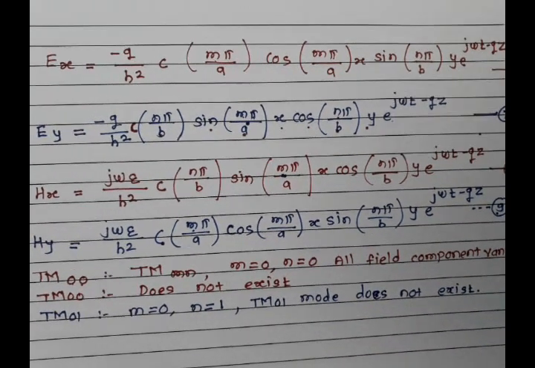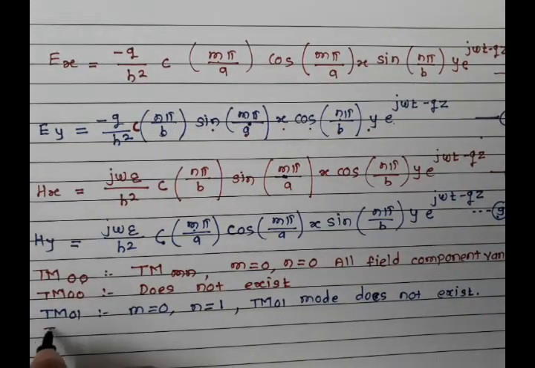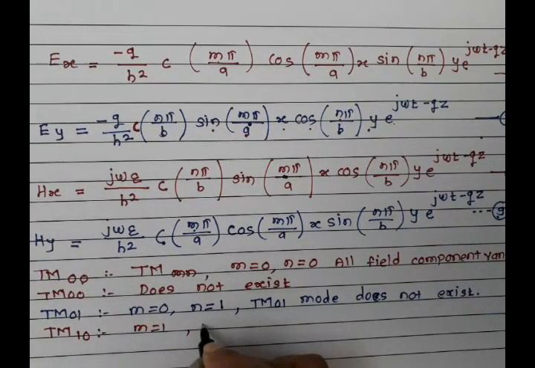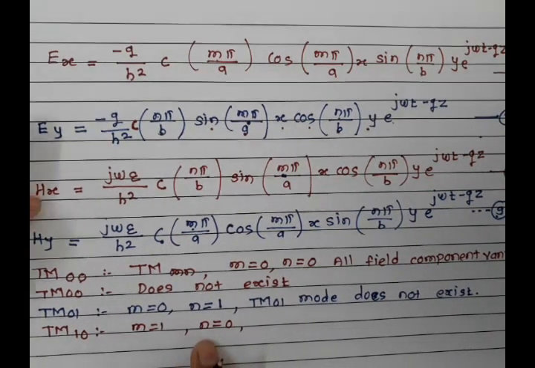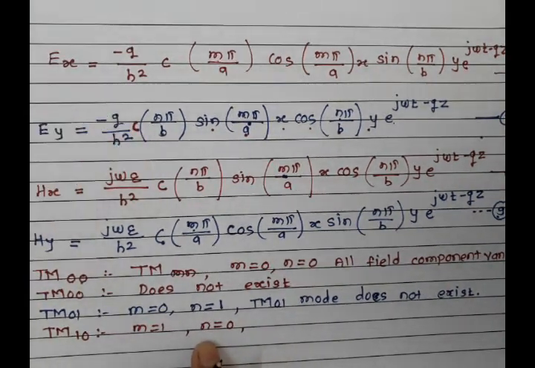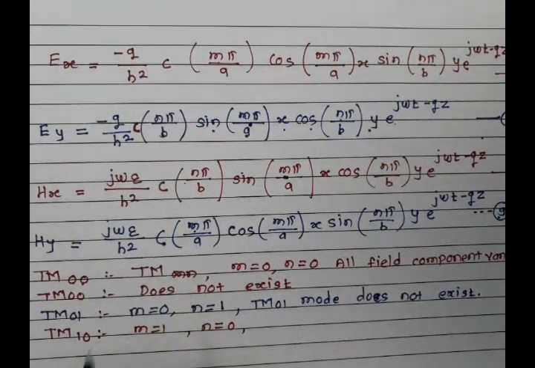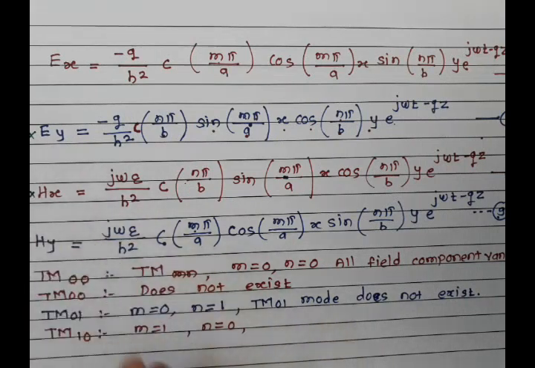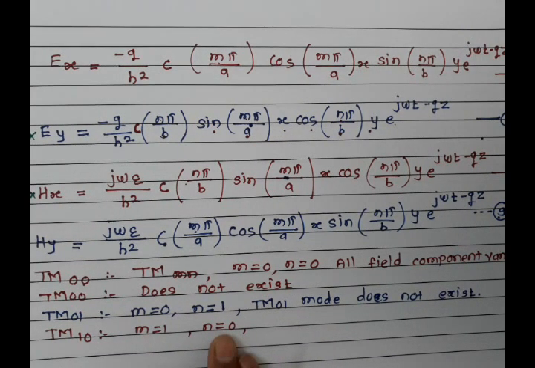Now we are talking about the next mode, that is the TM10 mode. So I'll say m is equal to 1 and n is equal to 0. Wherever n is 0, directly by multiplication, Ey and Hx both will be 0. Whenever n is equal to 0, sine of 0 will be 0.